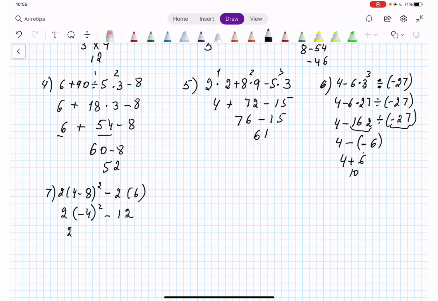Twice negative 4 squared, it's going to be 16 minus 12. 2 times 16, it's going to be 32 minus 12. 32 minus 12, it's going to be 20. Okay, question number 8.